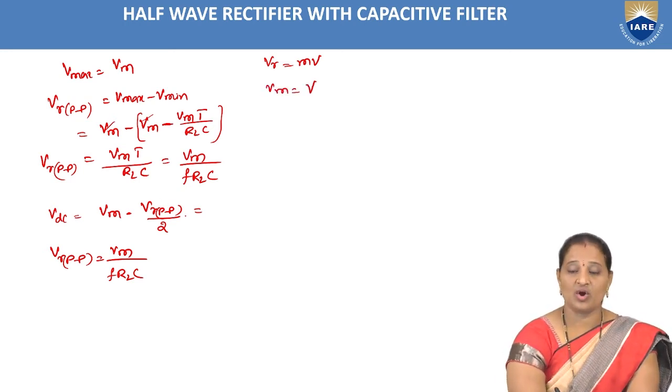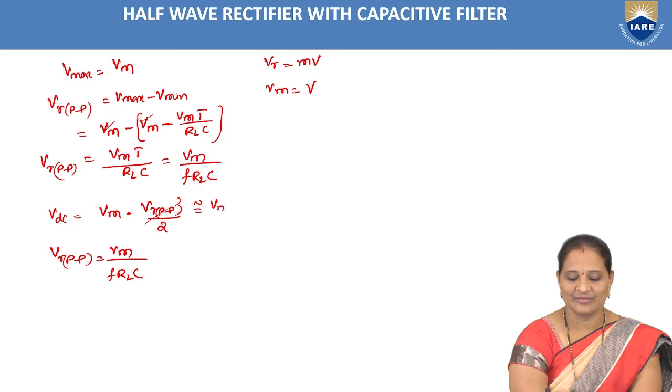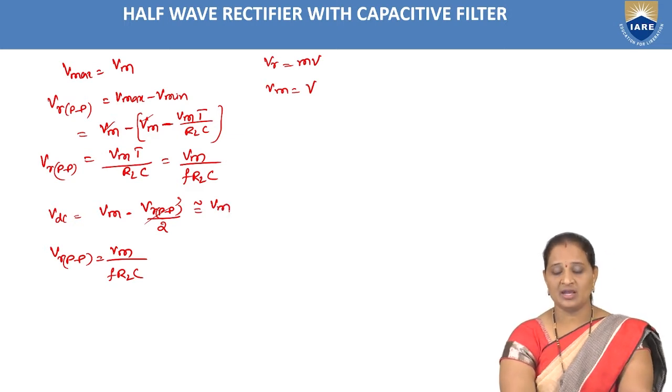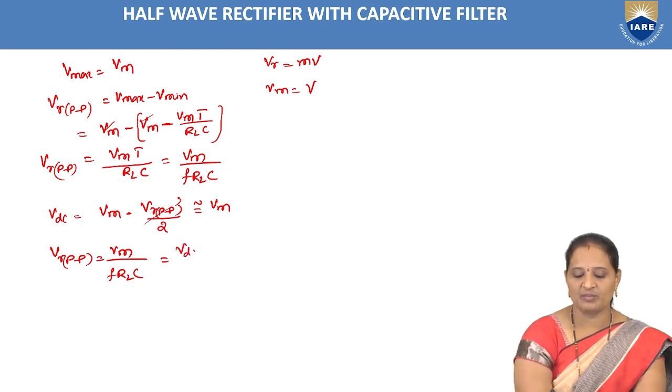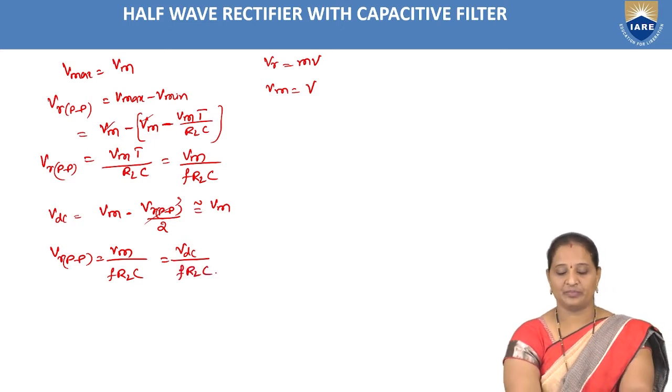So as it is of the order of millivolts, I can neglect this. So I can approximate this VDC as Vm, and hence substitute Vm equal to VDC in this case. Then VR peak to peak becomes VDC by F into RL into C.